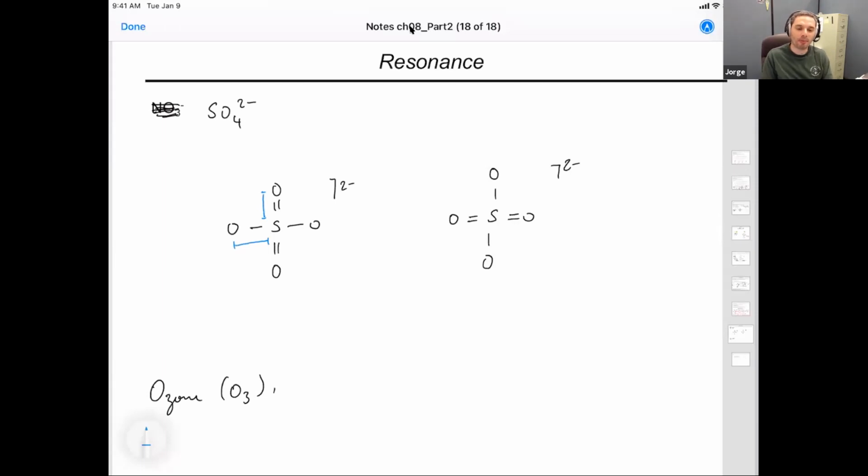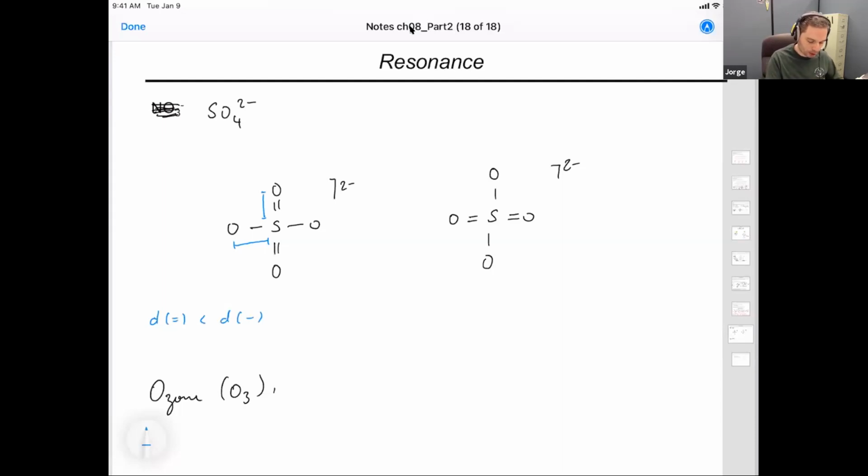When we have a double bond, a shorter distance is expected. Okay, so the distance for a double bond is always going to be shorter than the distance for a single bond. So when we do the diffraction, we expect to have two bonds short and two bonds that are longer.